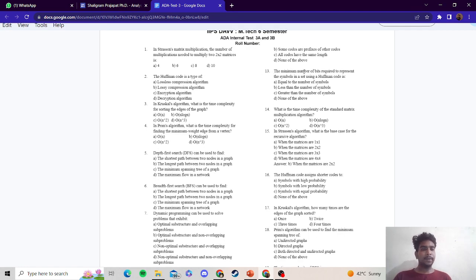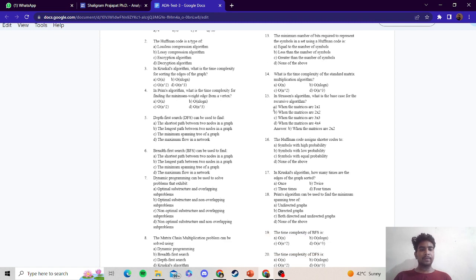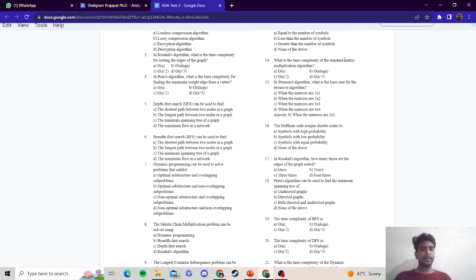Question number 13. The minimum number of bits required to represent the symbols in a set using the Huffman code is less than the number of symbols. That is the right answer. What is the time complexity for the standard matrix multiplication algorithm?